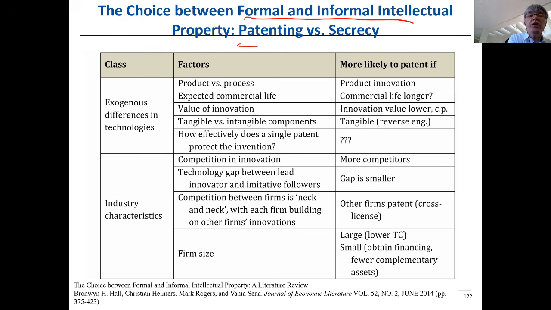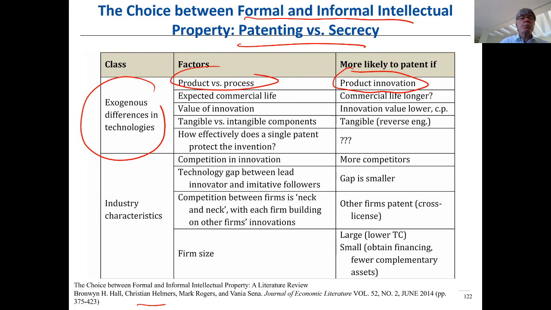But what you see here is, again, from a survey article by Brown, Win Hall, Christian Helmers, and others. And what they see is patent protection is more important for product innovation. If you compare product and process innovation, it's more important for innovations which have a longer expected commercial life, and for innovations which have a higher value.